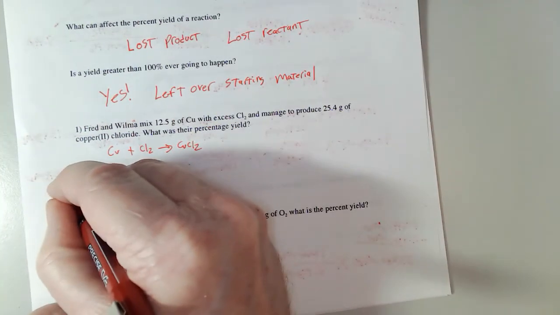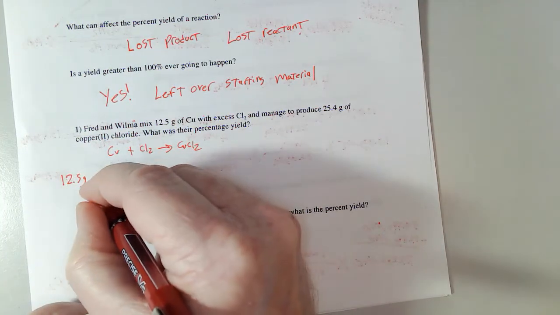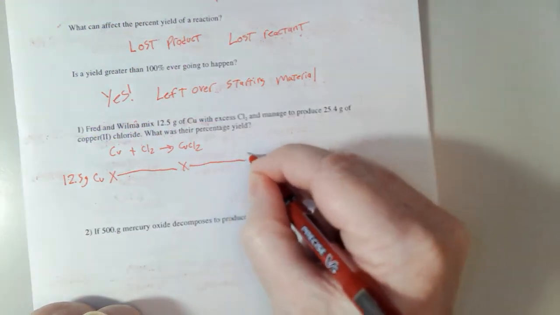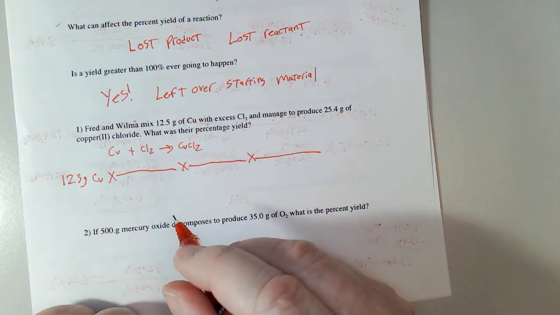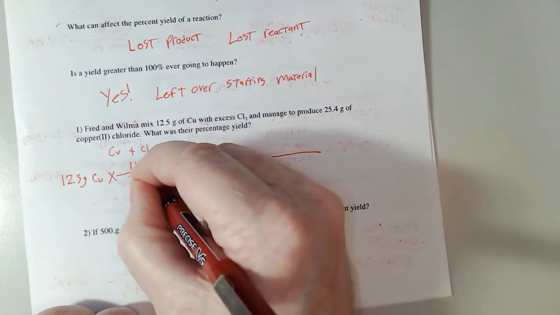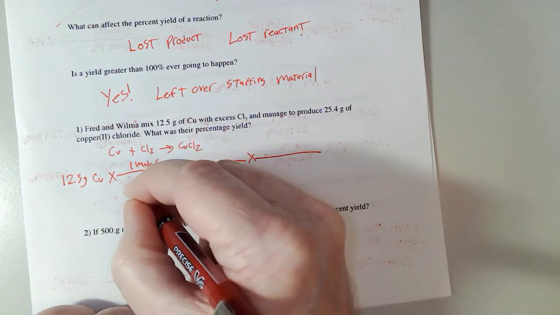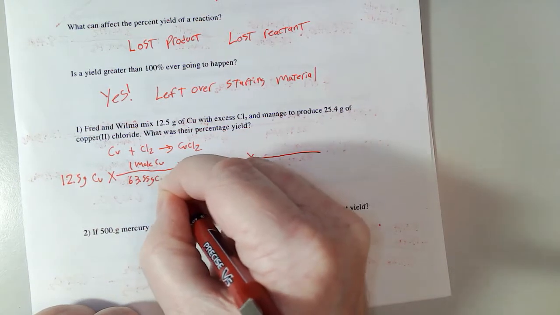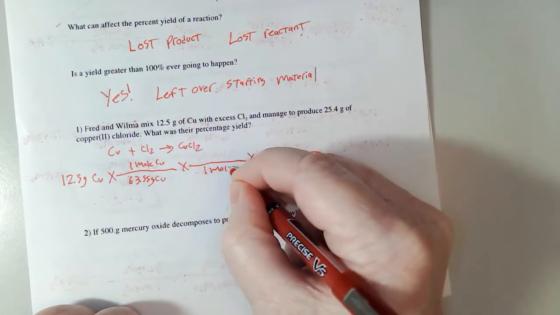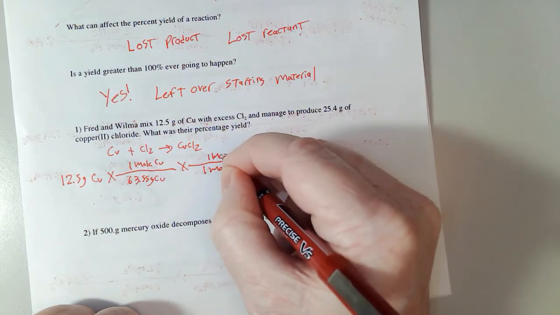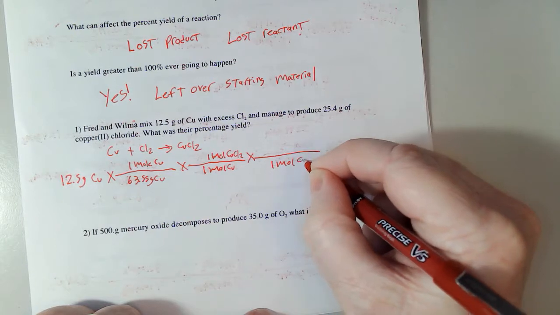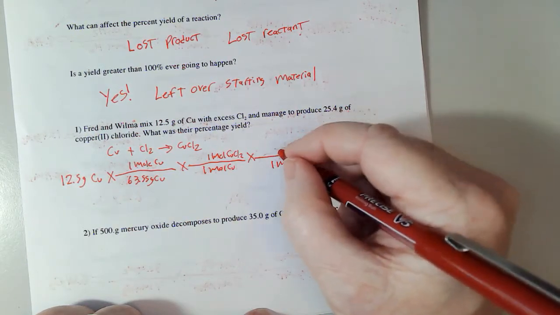Well, let's find the theoretical. 12.5 grams of Cu times, now, 1 mole of copper is 63.55 grams. 1 mole of copper in this equation gives me 1 mole of CuCl2.